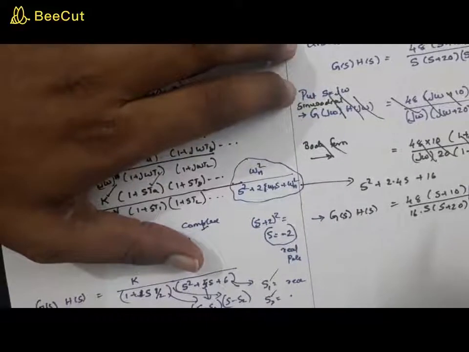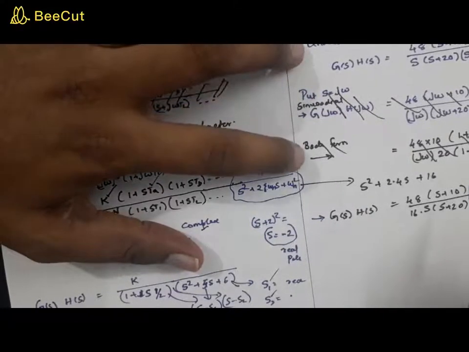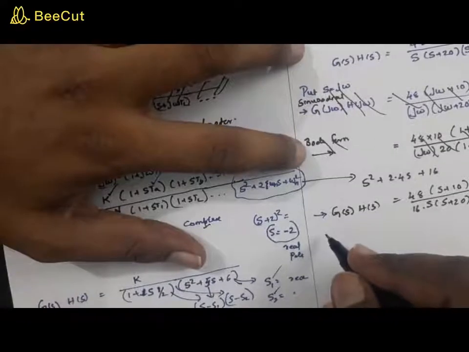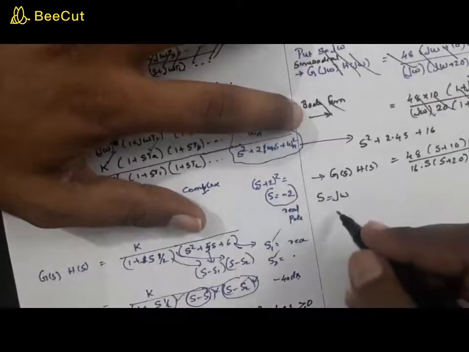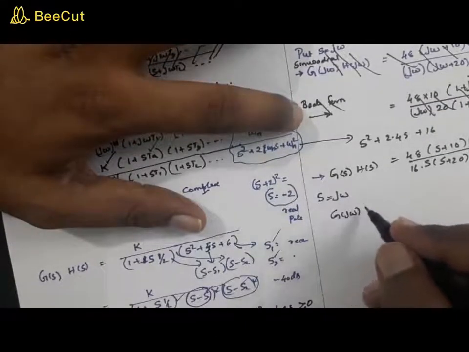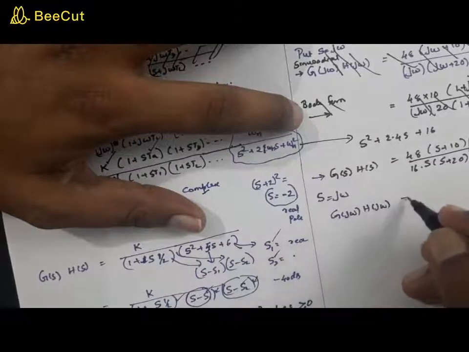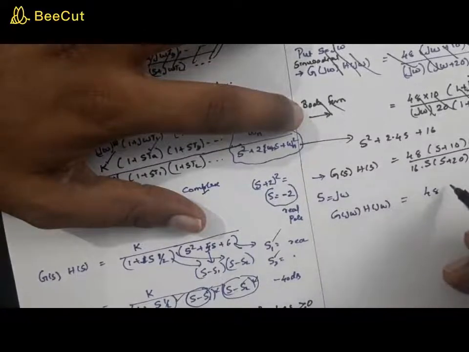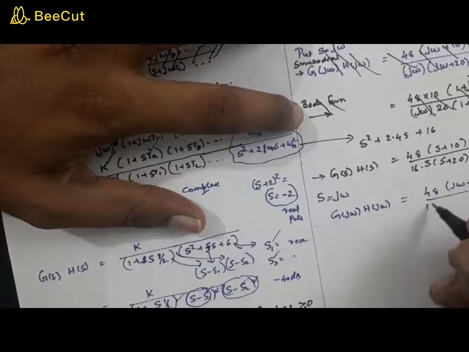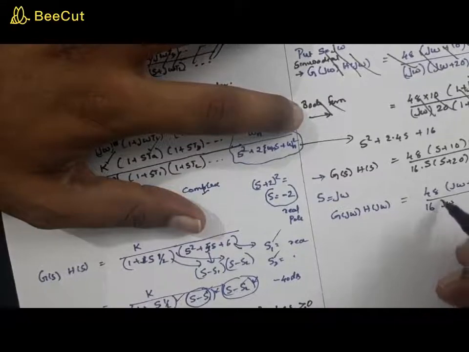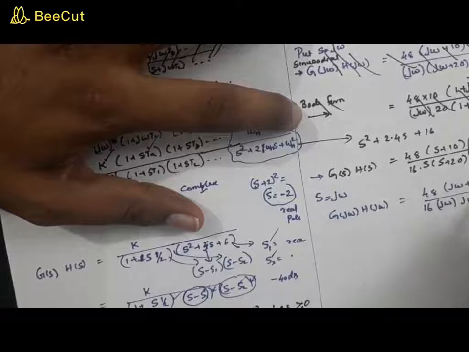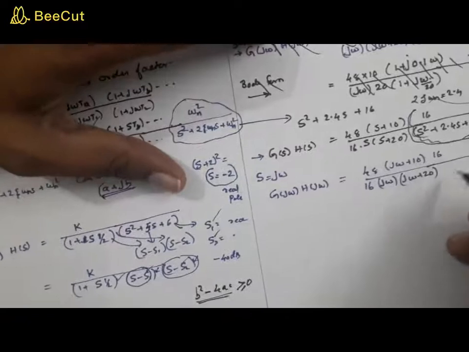Now what you need to do is find out the sinusoidal transfer function. How will you find out the sinusoidal transfer function? Putting s is equal to j omega, so that you will get G of j omega H of j omega as equal to 48 into j omega plus 10 into 16 divided by 16 into j omega into j omega plus 20 into, what is j omega?